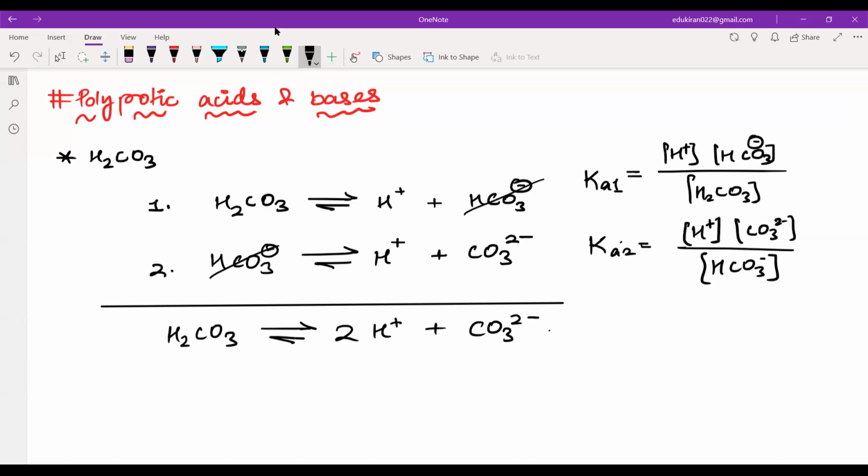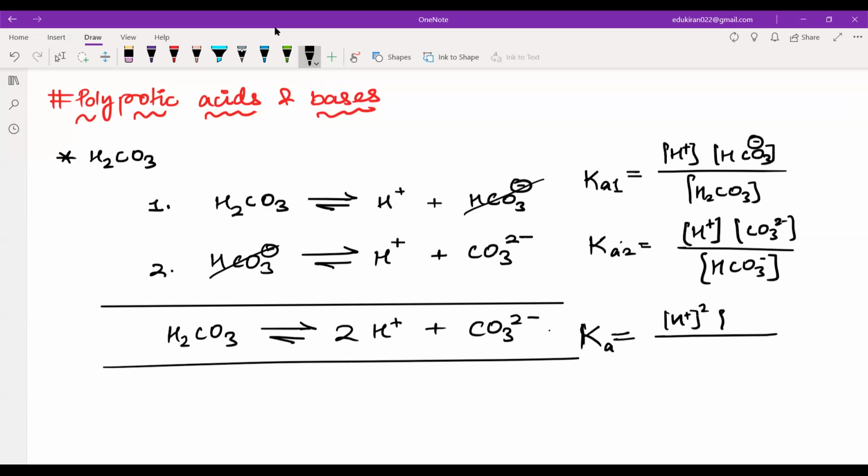Yes or no? Any doubt till here? No, sir. Now let me write the Ka for this reaction, the overall ionization constant, and this will be equal to the concentration of H plus squared into the concentration of CO3 2 negative divided by the concentration of H2CO3.